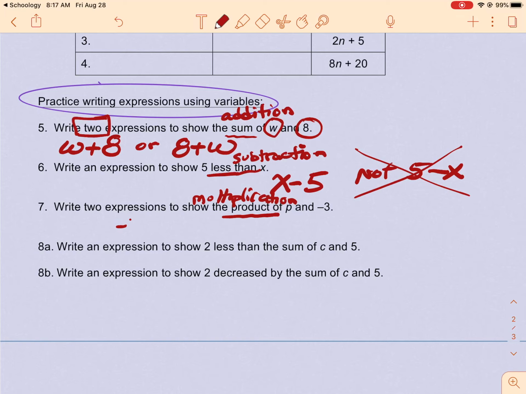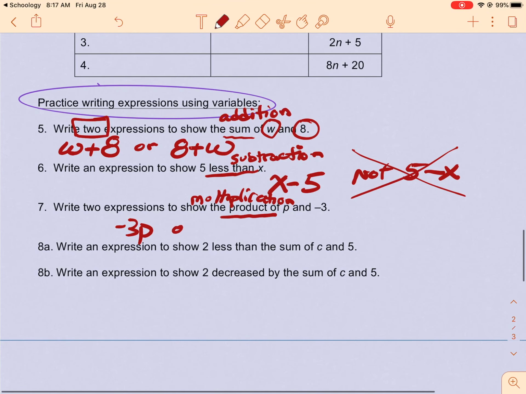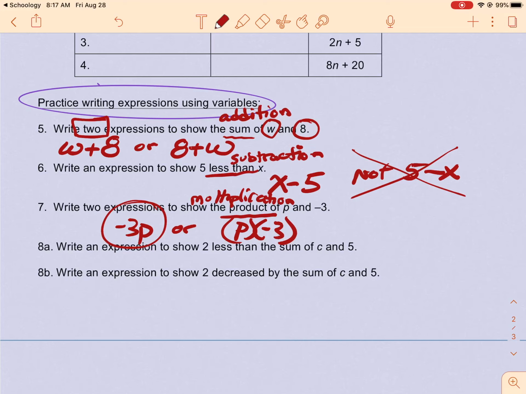So if we're multiplying negative 3 and p, I guess multiplication is commutative, so you can also put p times negative 3, but put those in parentheses showing that you're multiplying them. Otherwise, it looks like just p minus 3. And we typically don't write it that second way. This first way would be the best.